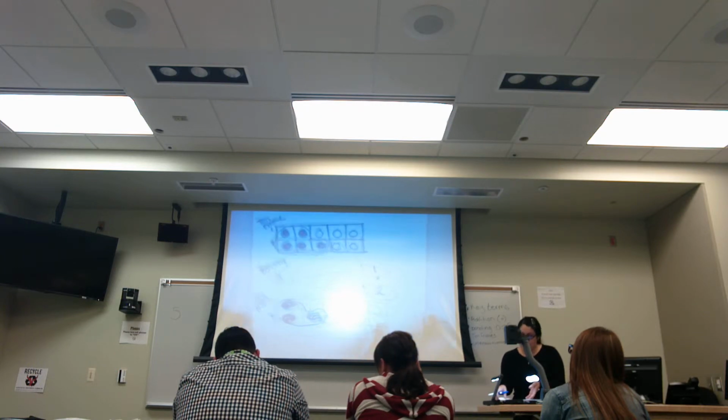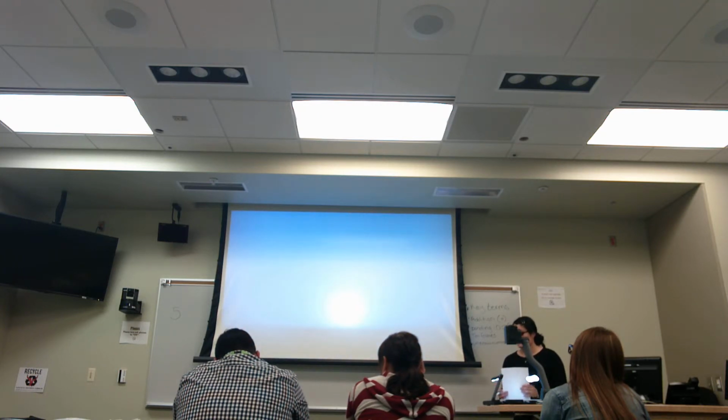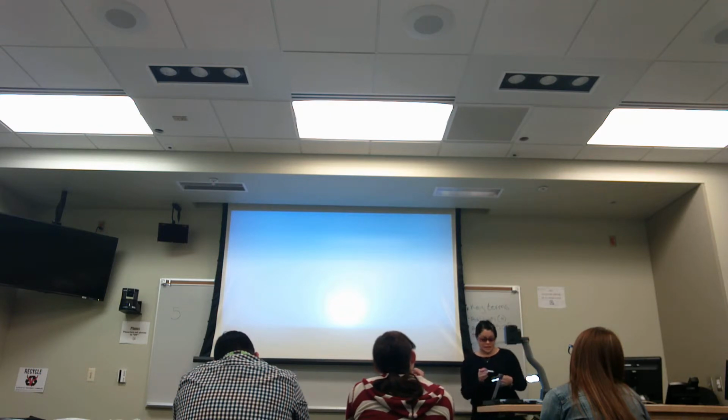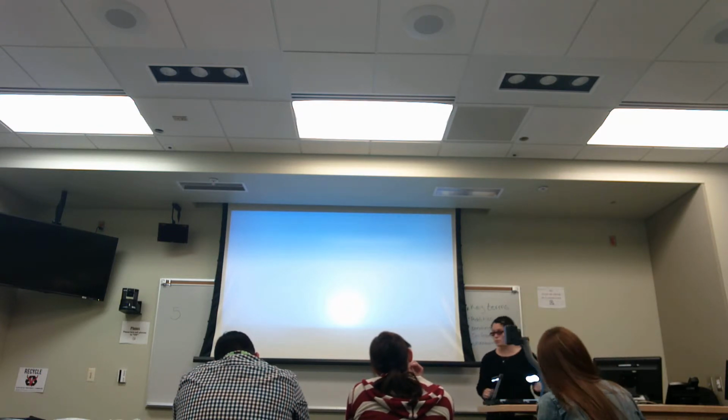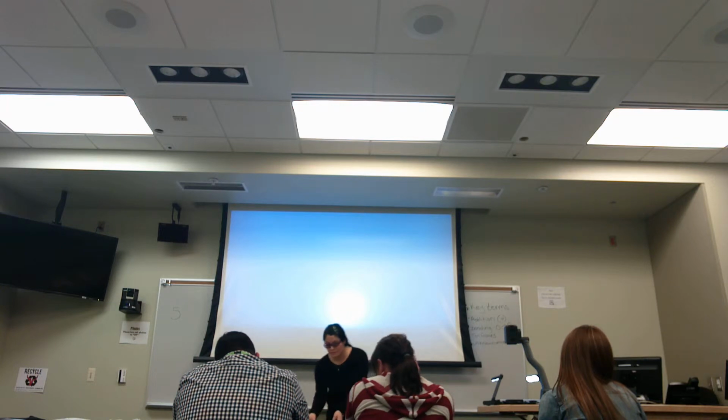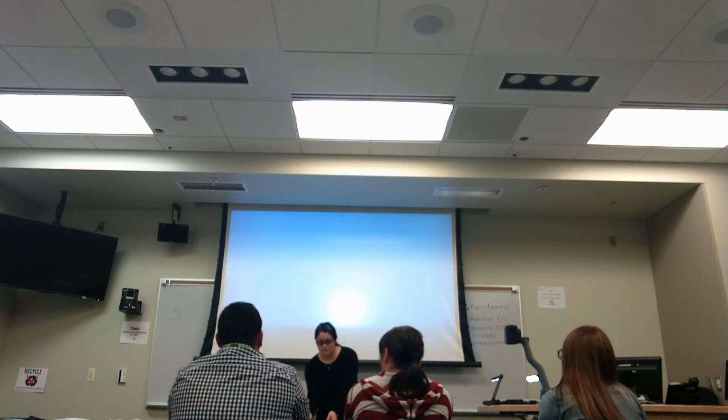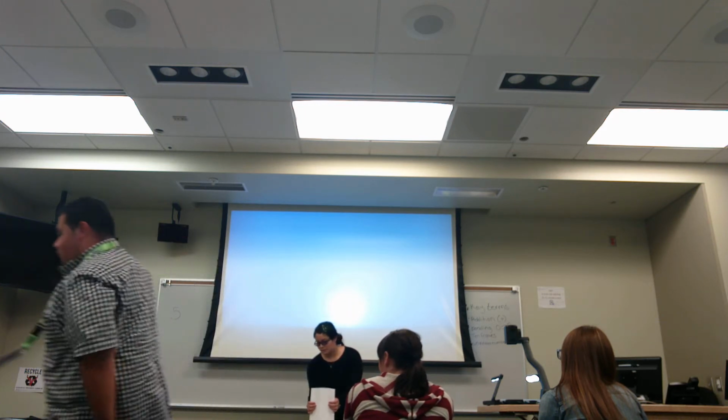Okay, so now what we're going to do, I'm going to give you an activity sheet. And I would like for you guys to do as a group a few problems. And then we'll go over and see which ones you did. George, would you like to come up here and hand out some sheets, please?